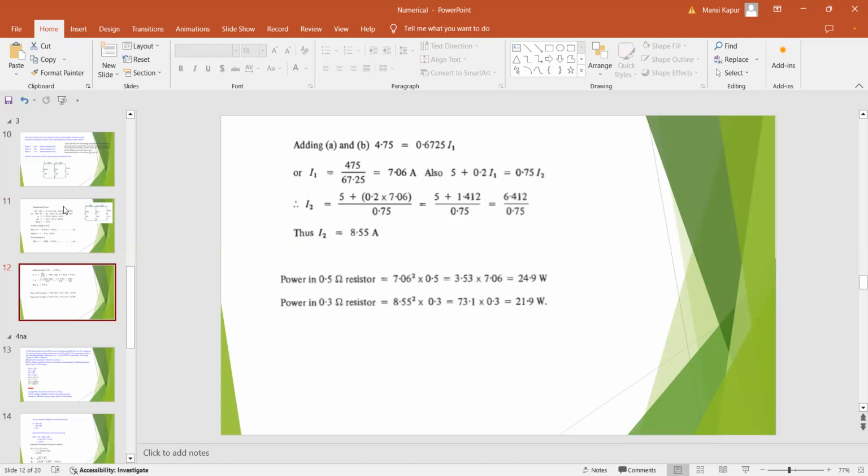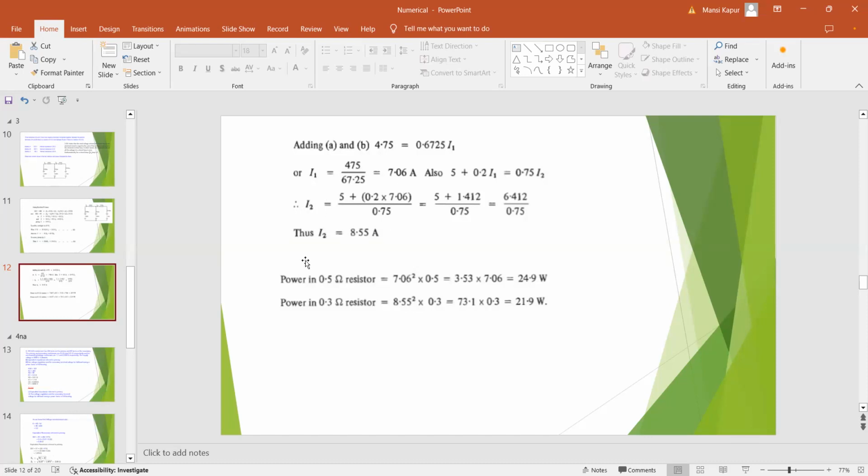But you want to see the formula for power? Yes. I2, I1 found out. I2 equal to 8.55. You got I2 like 8.55. How much did you get actually? I'm telling you, this might be wrong.